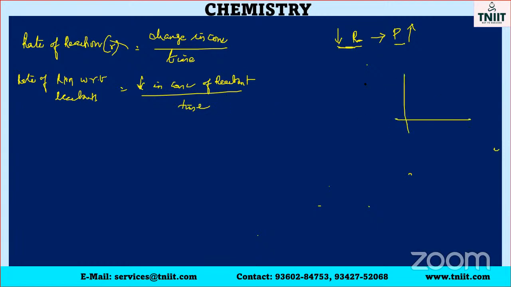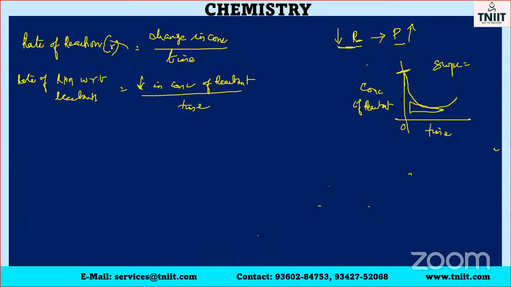Now, if you plot a graph like this, this is concentration of the reactant, and this is with respect to time. At time t equal to 0, no reaction has proceeded, the concentration is maximum. As time proceeds, the concentration of the reactant keeps on decreasing. The slope will give you the rate of a reaction.